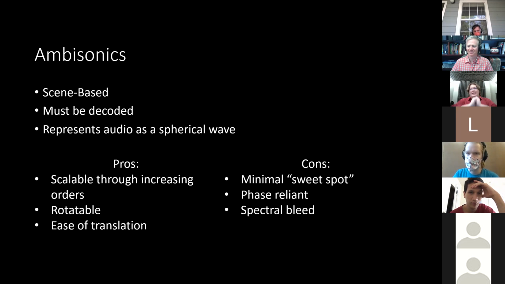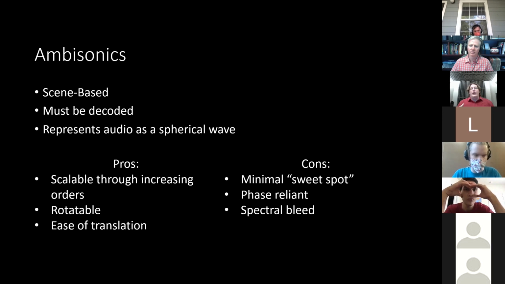So when you're talking about loudspeaker reproduction, in terms of sound fidelity, ambisonics is usually not your best choice unless you are working at a very high order. Because of this sweet spot issue, somebody moving their head just a little bit too much can throw off the sound spatialization.